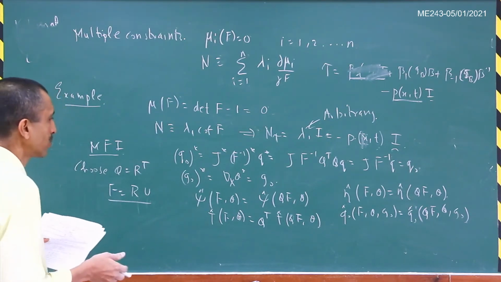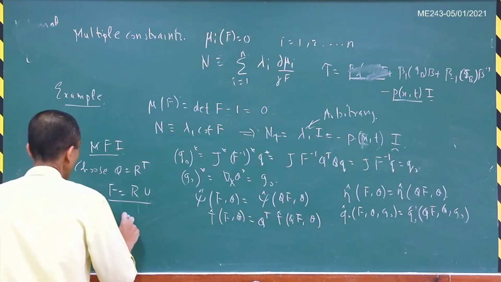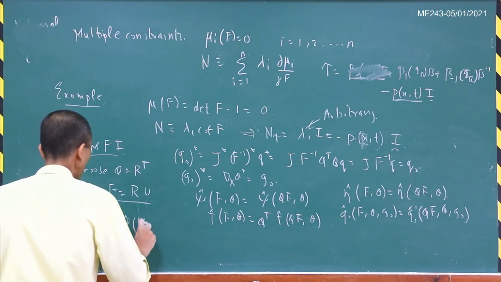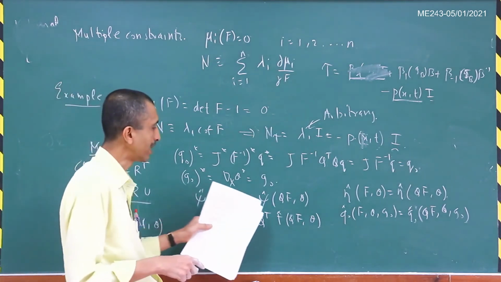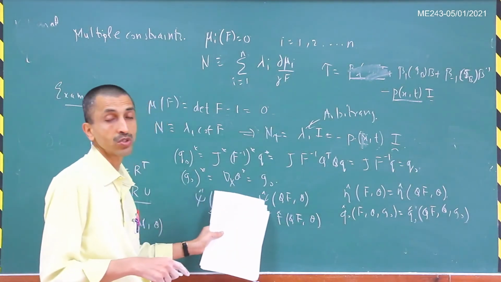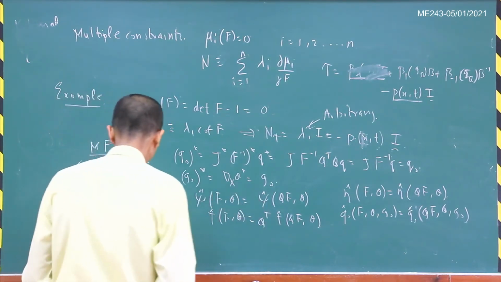So if you choose that, then what you will get is that psi is equal to some psi hat of u comma theta. So these are now the conclusions. Basically the dependence on F now reduces to a dependence on U, which is the stretch tensor.